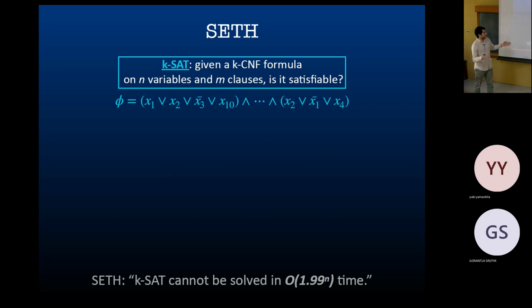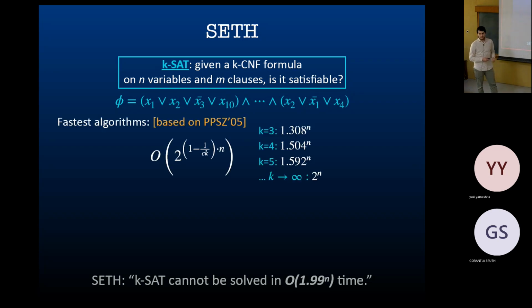This formula has n variables, and you want to know if there's an assignment to the variables that makes the formula output true. The formula is a CNF, so it's an AND of clauses, which are ORs. Each clause has up to k literals, meaning variables or their negations. This is k-SAT; 3-SAT is the same with k equals 3.